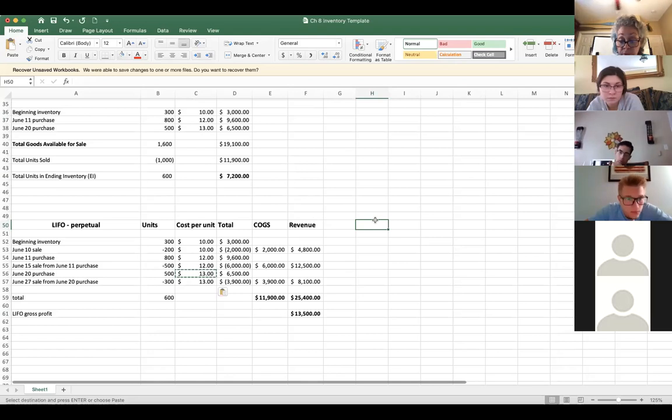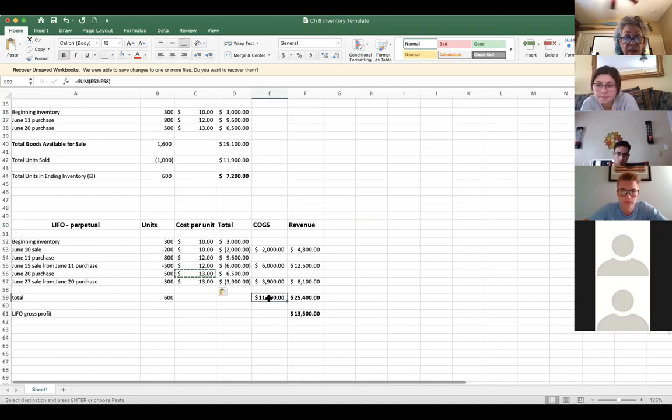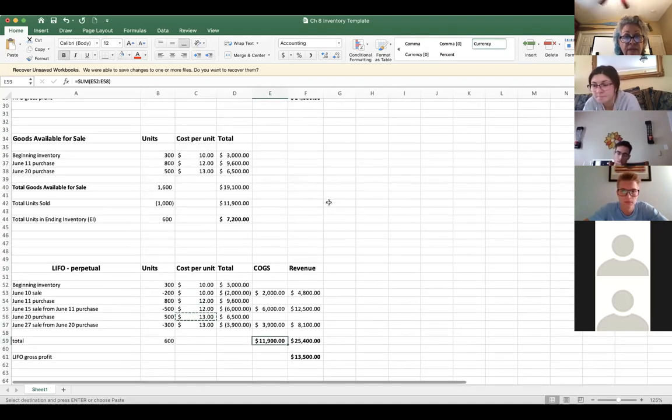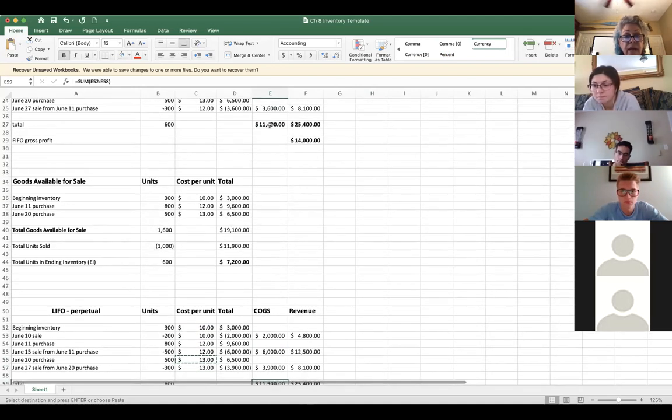Lower. Then cost of goods sold is going to be higher or lower than FIFO? Higher. And we see that cost of goods sold is 11,900 under LIFO and 11,400 under FIFO.